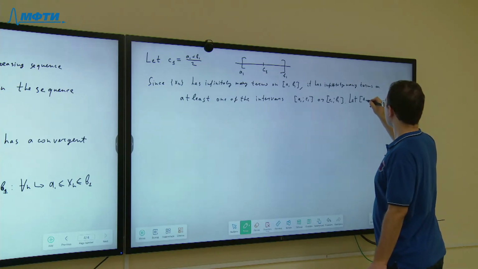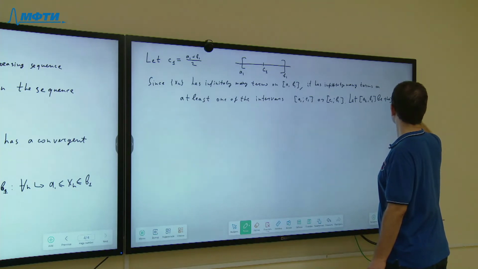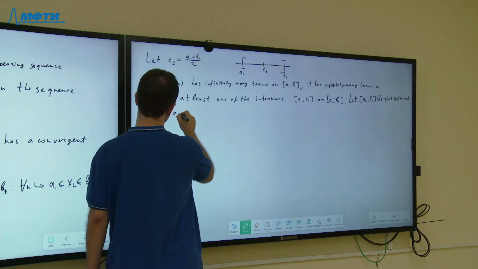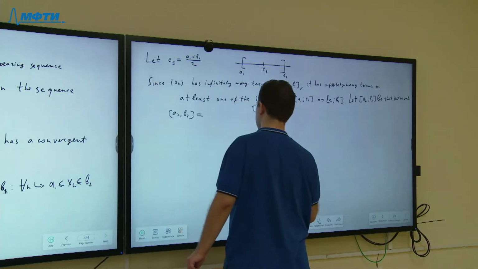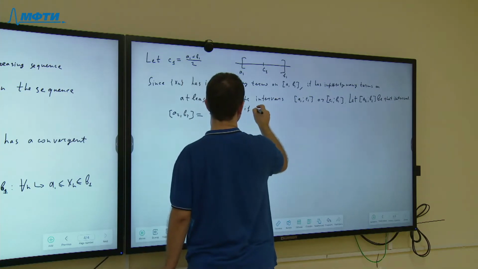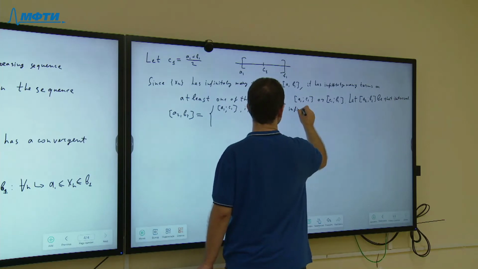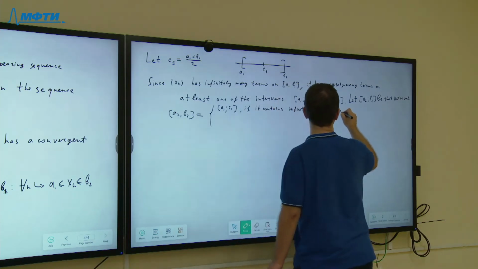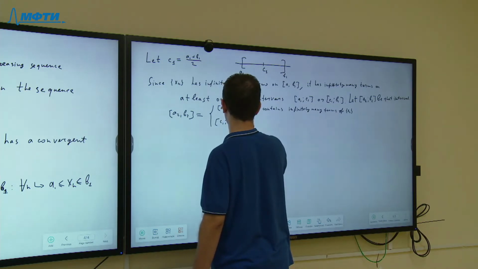Let A2, B2 be that interval. So A2, B2 is A1, C1 if it contains infinitely many terms of xn, and C1, B1 otherwise.